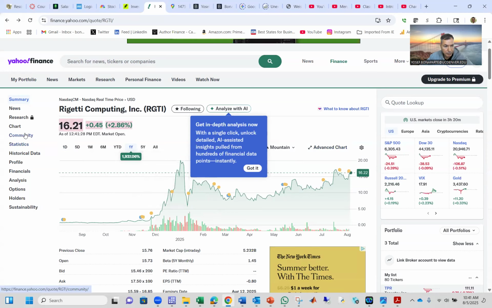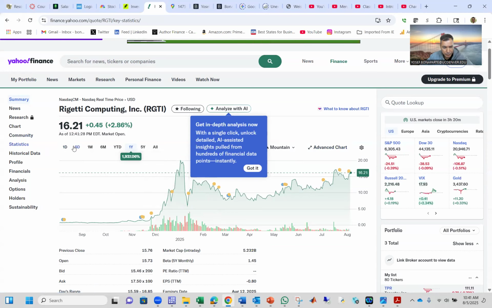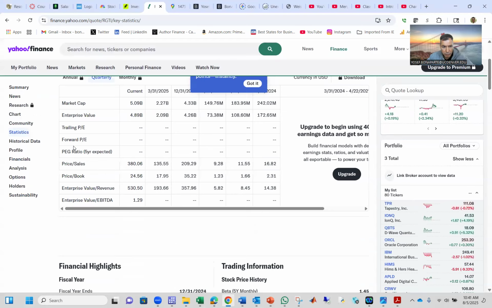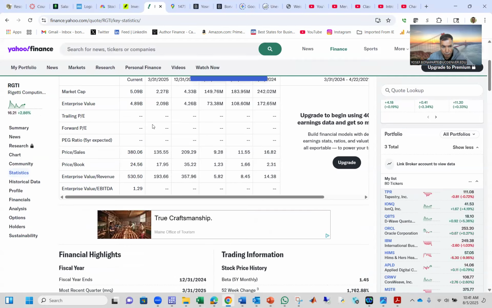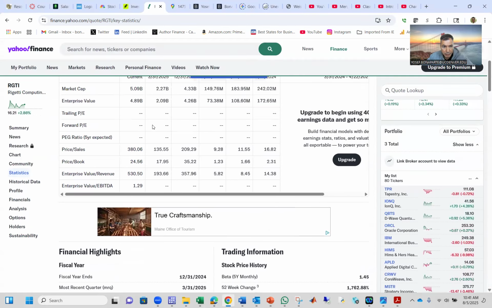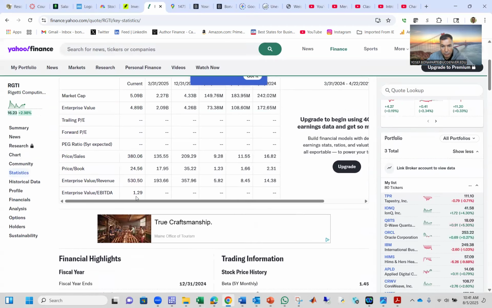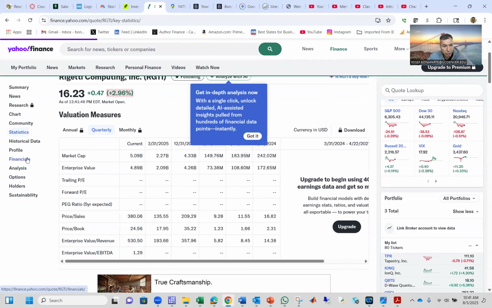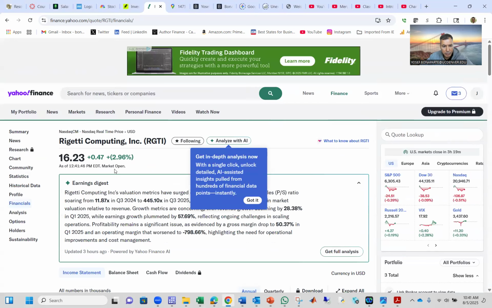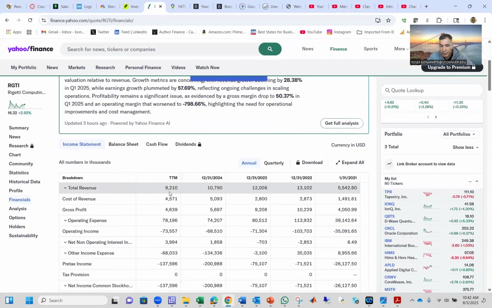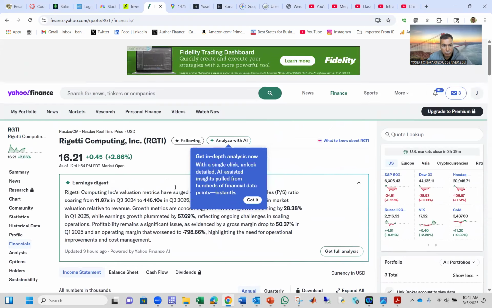But if you go to statistics, you can see they didn't have a PE ratio because they're losing money. Market cap is 5 billion. If you go to the financials, total revenue 900, so it's in thousands here. It's about $92 million, not much.